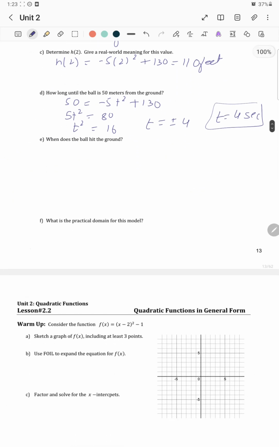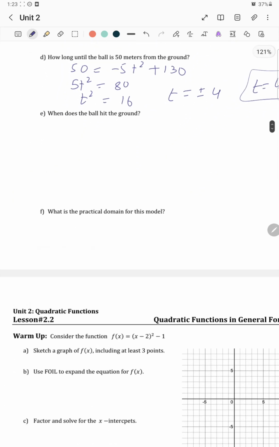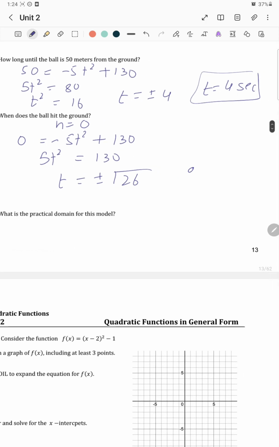seconds. When does the ball hit the ground? So h is going to be 0 because it's going to hit the ground, so height is going to be 0: minus 5t square plus 130. 5t square is equal to 130. T is equal to plus minus square root 26. So it's going to hit the ground after 5.1 seconds.